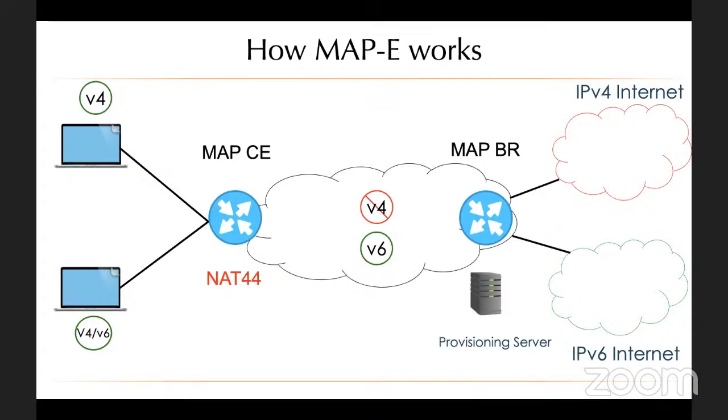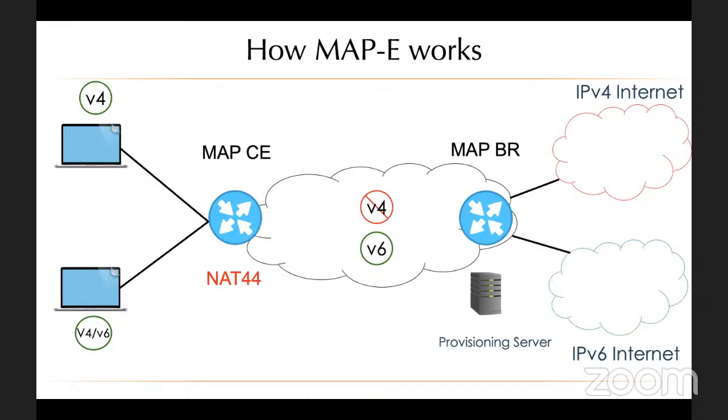So as usual, like we mentioned, any IPv6 packets are not going to be encapsulated or tunneled. They're just going to go straight to the IPv6 internet, right? And then any device that's IPv4 only, this is what is going to be tunneled or encapsulated.